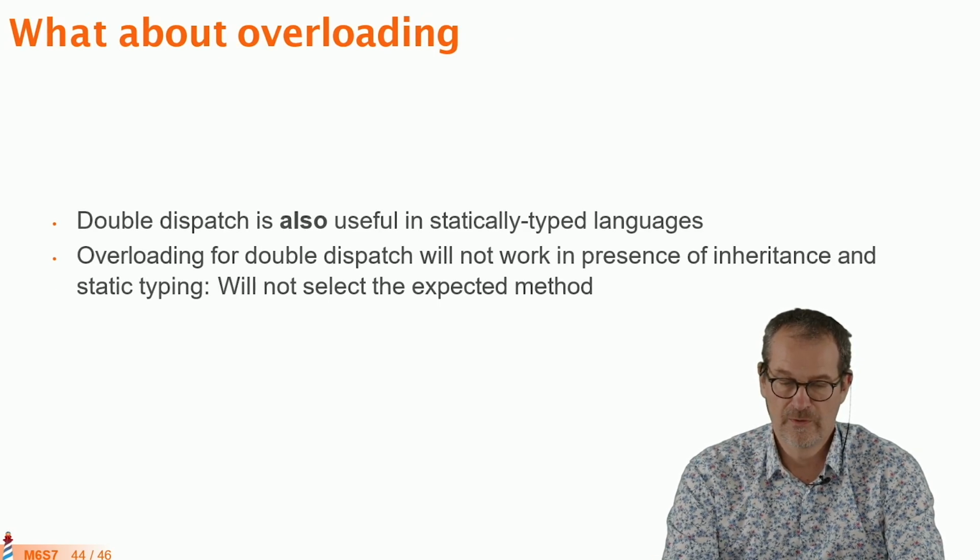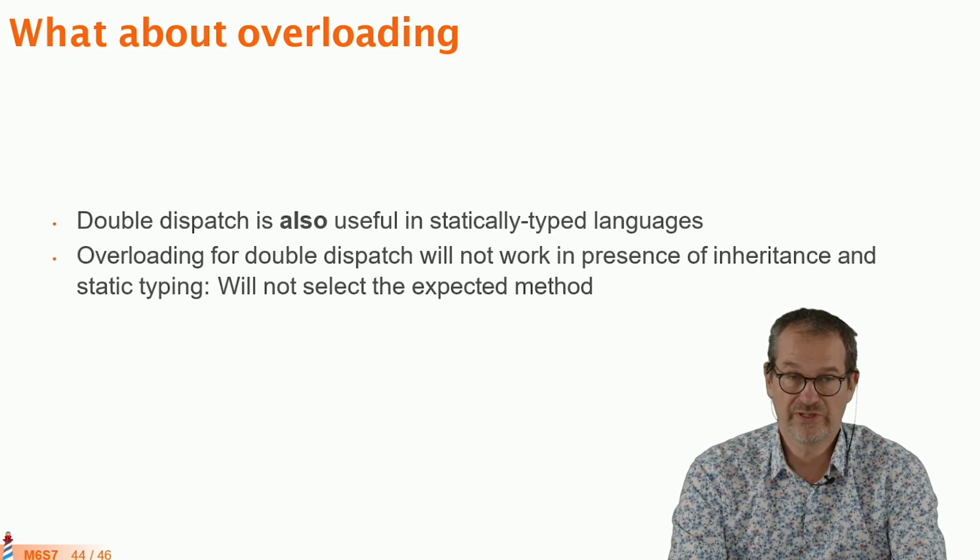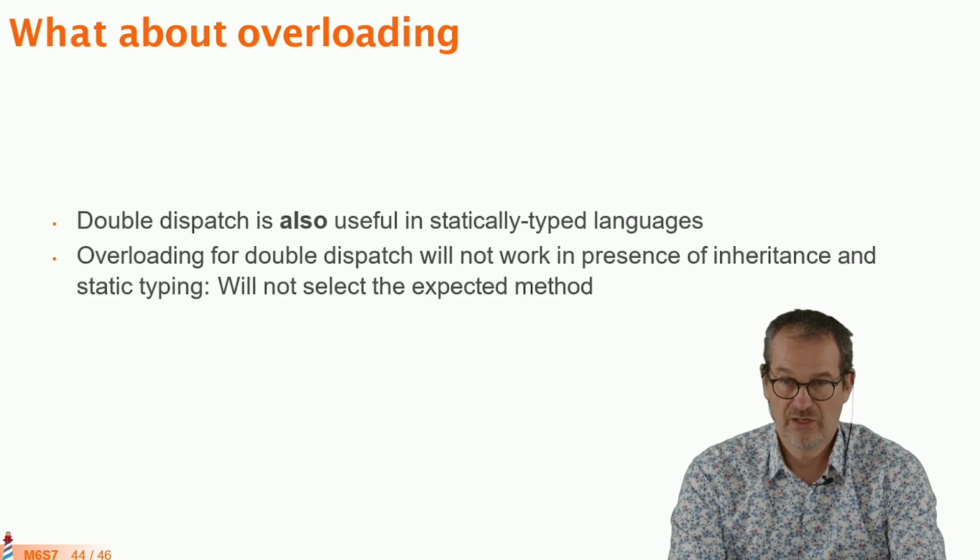Now, I would like to talk about overloading, because double dispatch is also useful in statically typed language such as Java. Sometimes people don't understand it and they get into trouble. So what I mean is that the typical case, this is a visitor design pattern where you will use only one visit method that is using the overloading of the language, will work sometimes, and sometimes it will not work because the static typing will select the wrong methods.